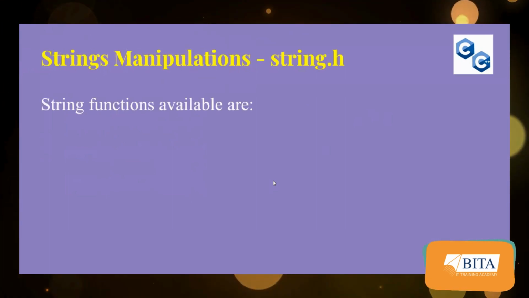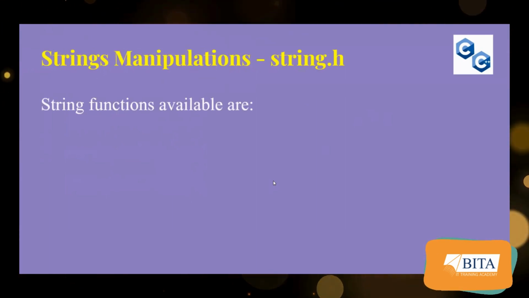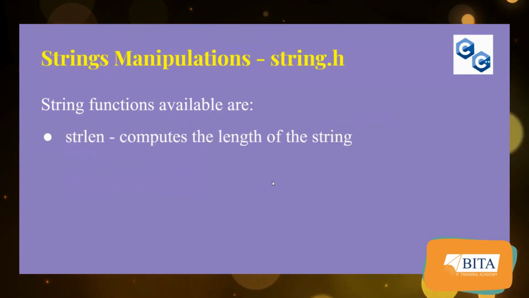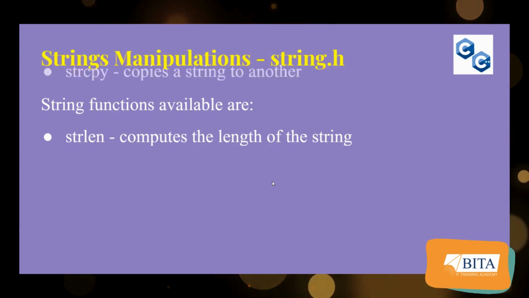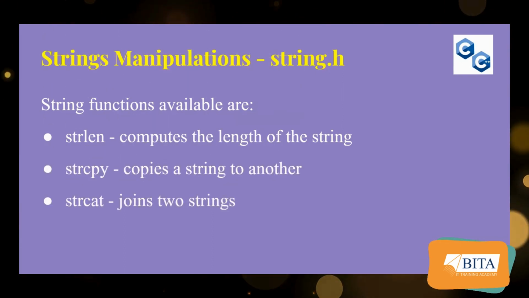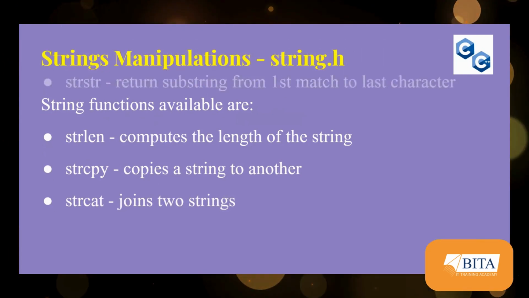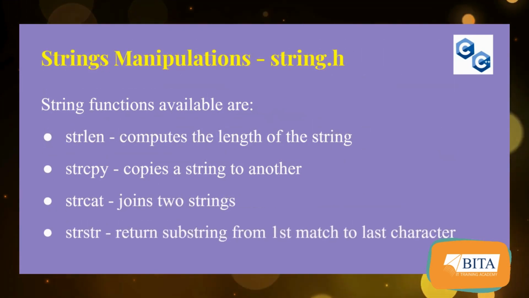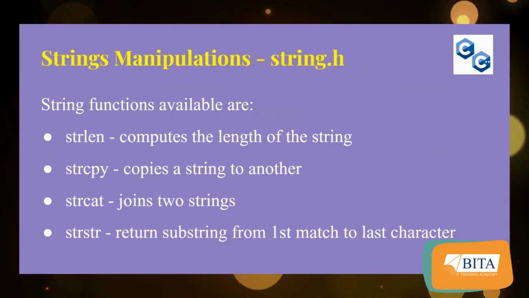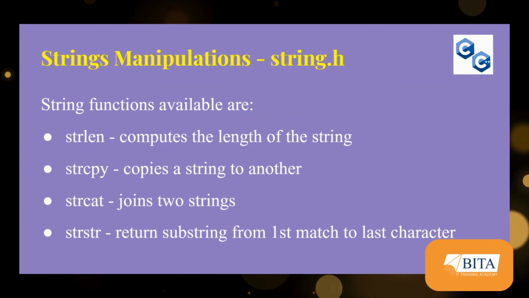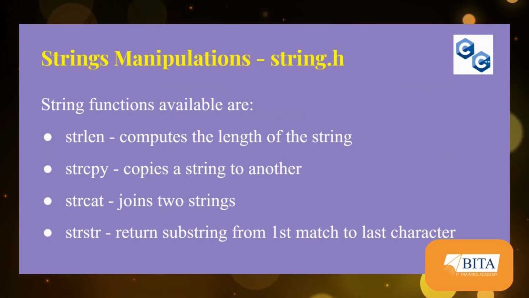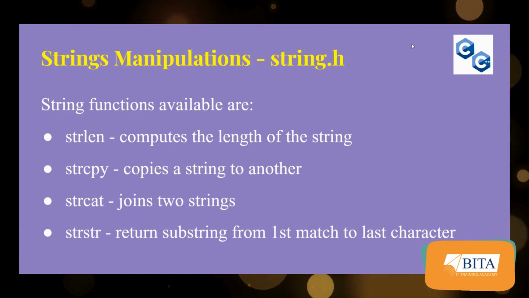We have many functions available within it, but listed below are some of the common ones. strlen computes the length of the string. strcpy copies a string to another. strcat combines two strings. strstr returns the substring from the first character match to the last character match. And strcmp compares two strings.